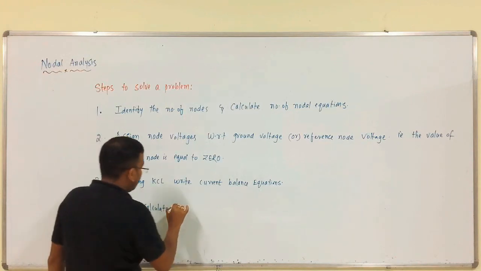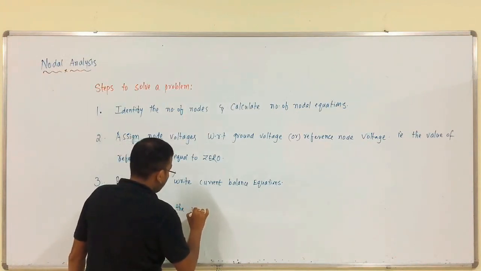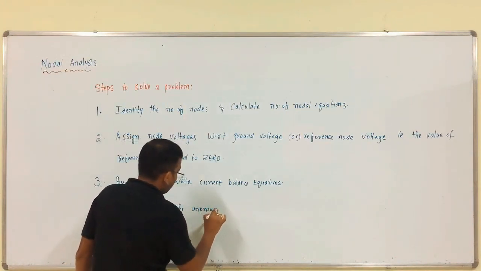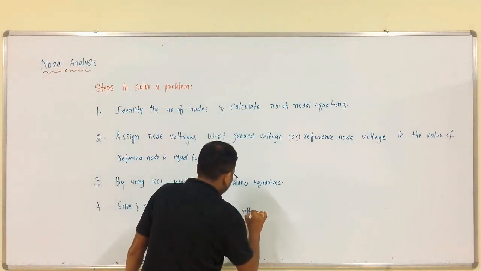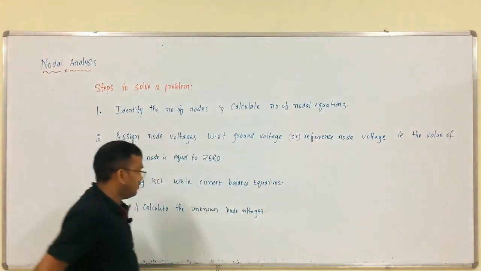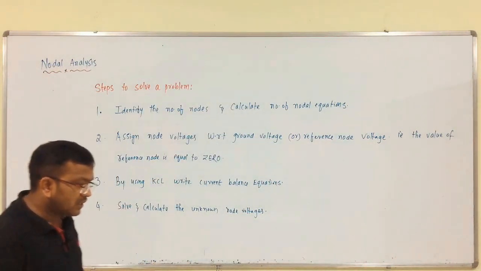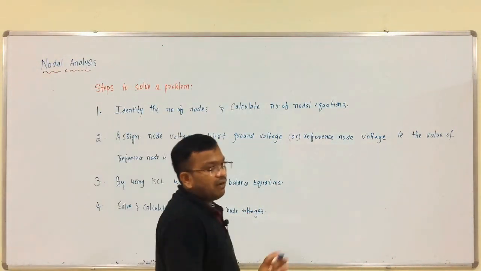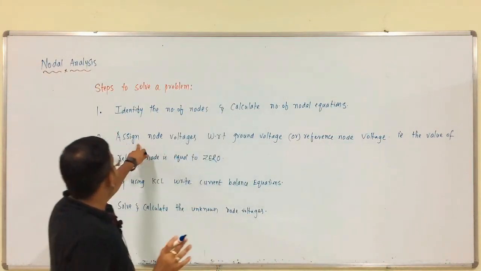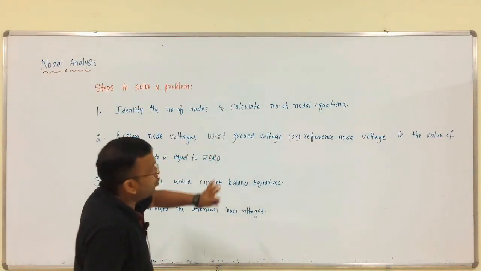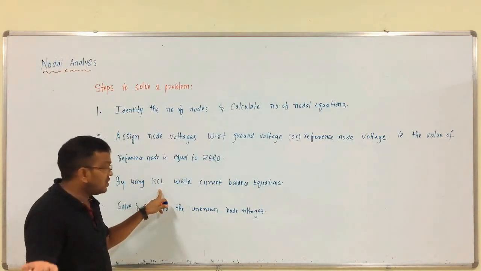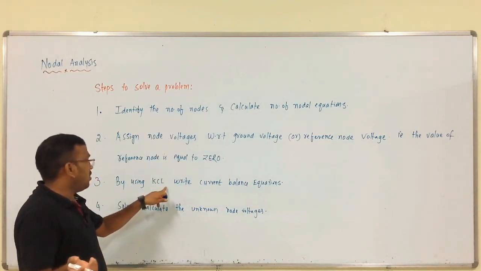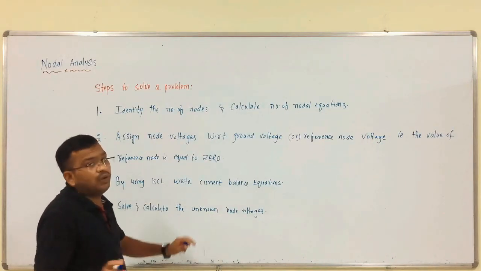Solve and calculate the unknown node voltages. That is it. First, we have to identify the number of nodes and calculate the number of nodal equations. Completed. Next, assign node voltages with respect to ground voltage. Then, by using KCL, write the current balance equation. Last, by solving those equations, we will get the node voltages. That is it.